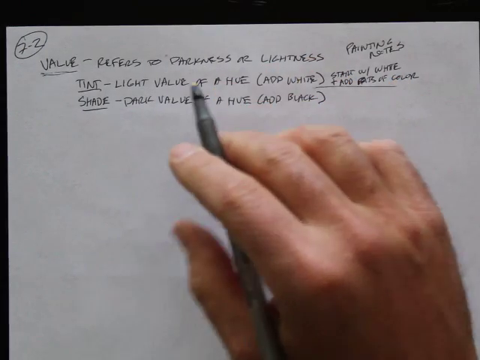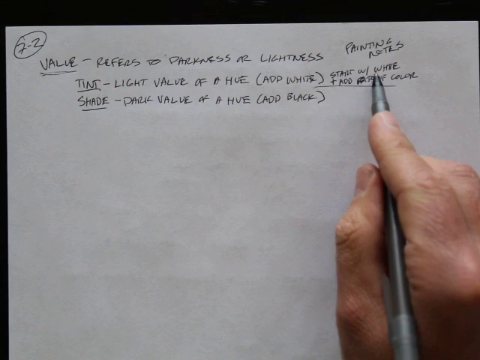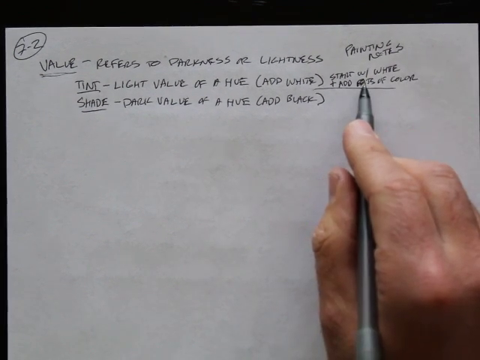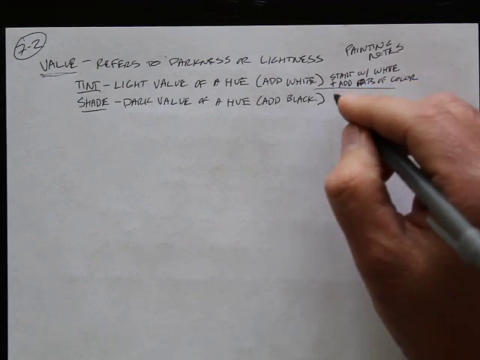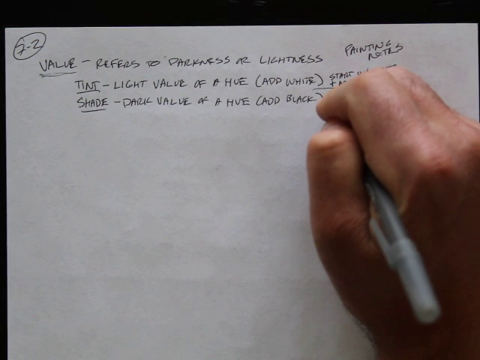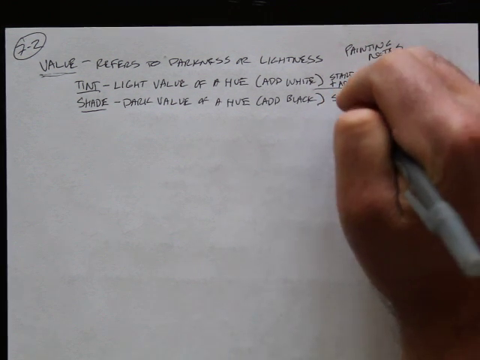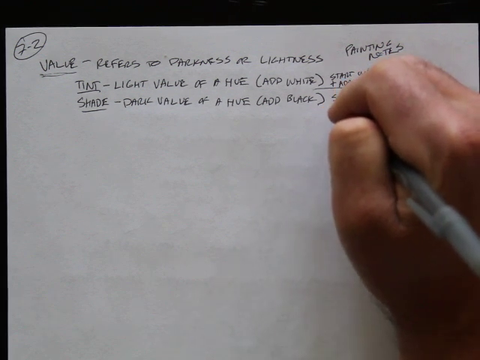Instead of starting with the color and adding white, it generally is going to work much better and waste way less paint if you start with white and add little bits of color to it. For shades, however, you want to start with the color and add bits of black.